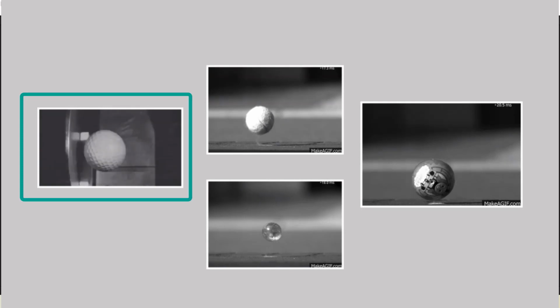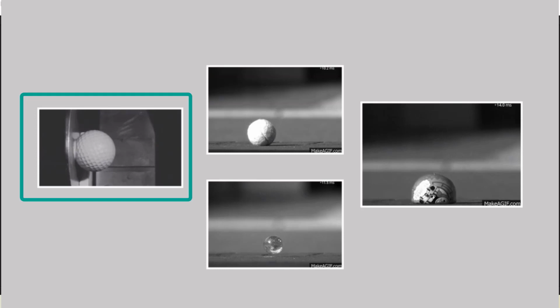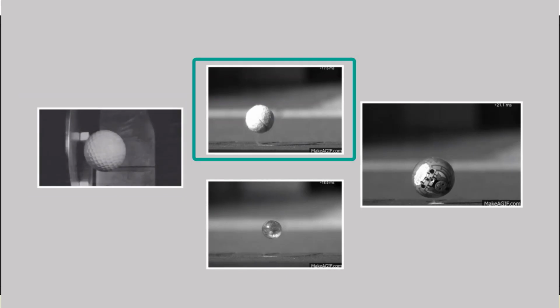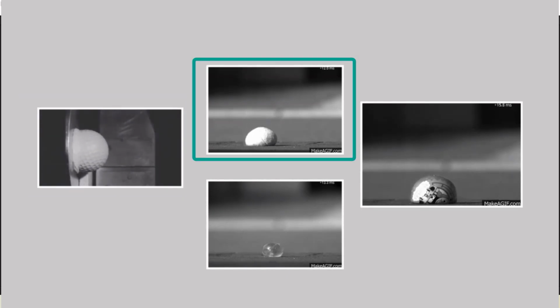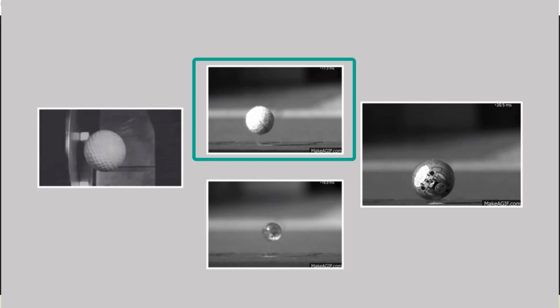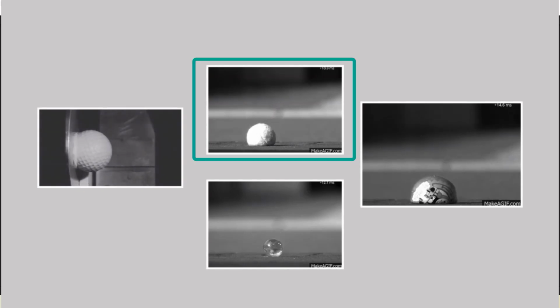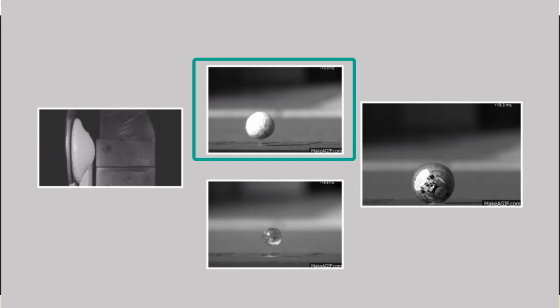The one at the extreme left, you wouldn't have believed that it would behave like this, squashing. Then the one at the top is a tennis ball. You can see also how it's behaving.